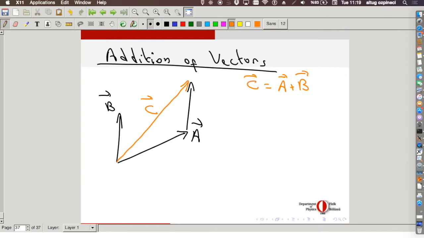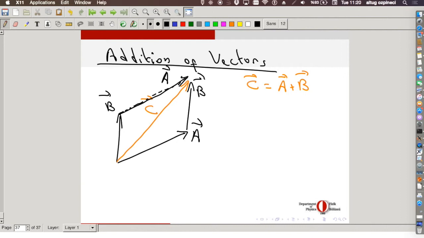Now you can also draw this line over here. It will be parallel to the vector A, with the same magnitude and the same direction. So this vector is the same thing as this vector, and this vector over here is the same thing as this vector over there, because we have just moved the vector B from this point to this point.